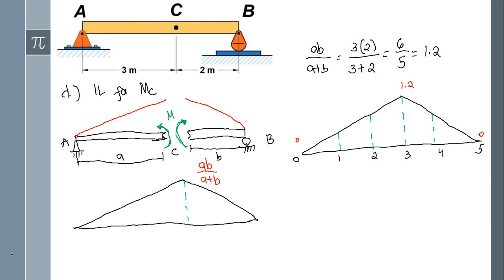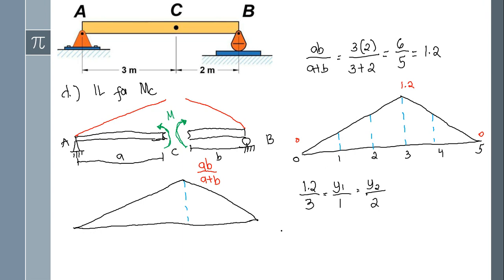For 1 and 2, we will use this triangle on the left segment. So 1.2 over the base of 1.2, which is 3, is equal to y1 over the base of y1, which is 1. And y2 over its base, which is 2.